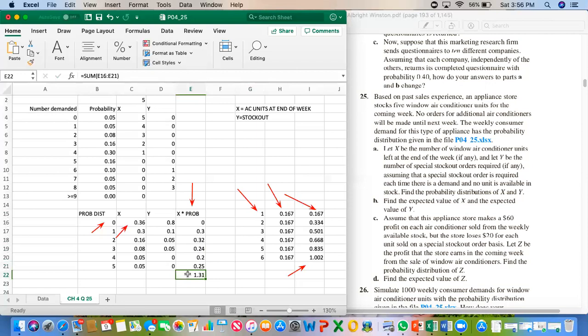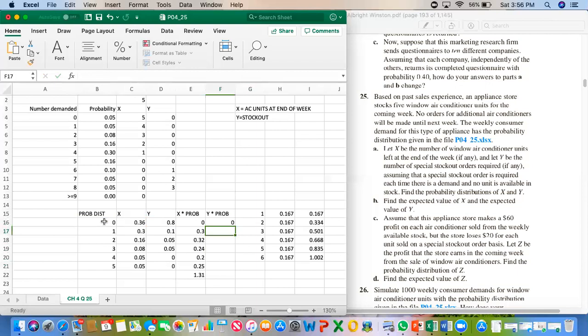That's what we want. So now let's do the same thing for the Y times the probability. Go into column F15. So Y times prob. I'm going to do equals, and we'll do 0.08 times 0.